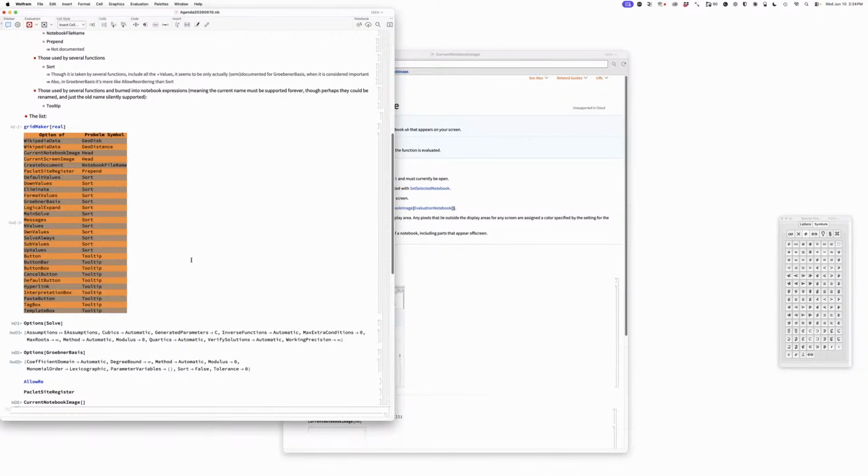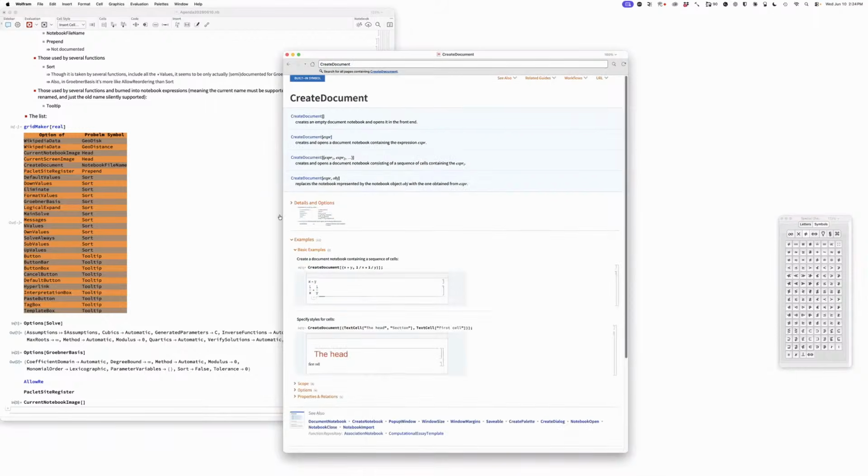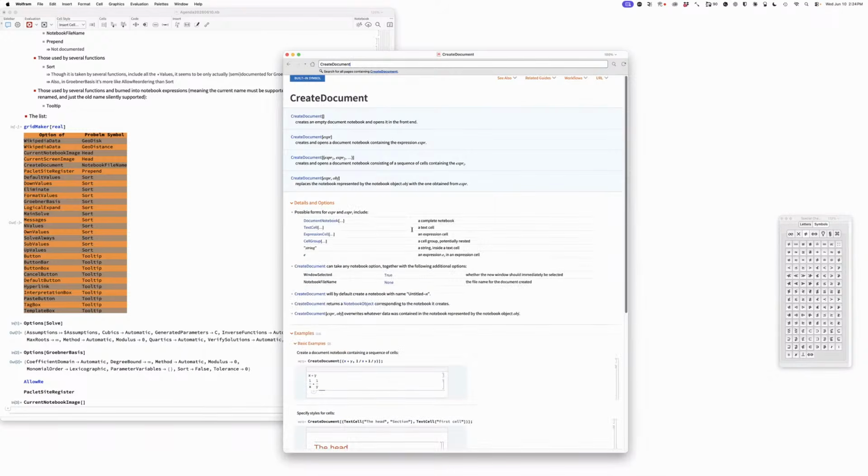Okay. Create document. Doesn't that have? So in this case, if memory serves me correctly, I'm not sure it does, but if memory serves me correctly, create document had notebook file name as an option before notebook file name became a function.